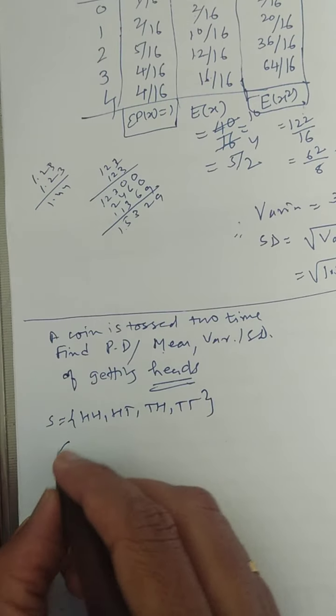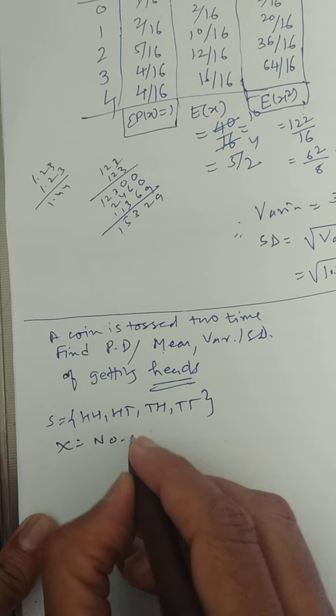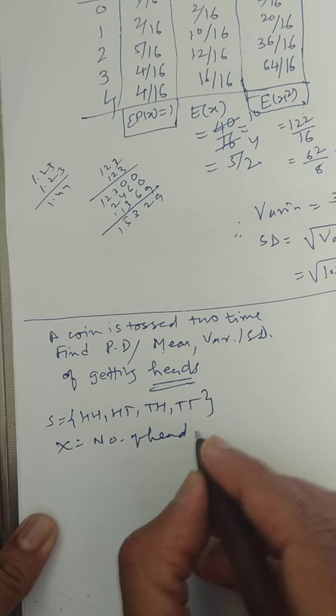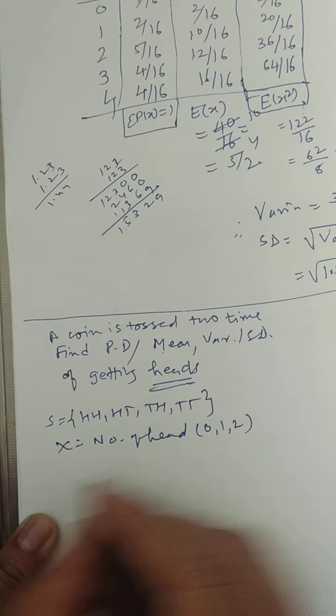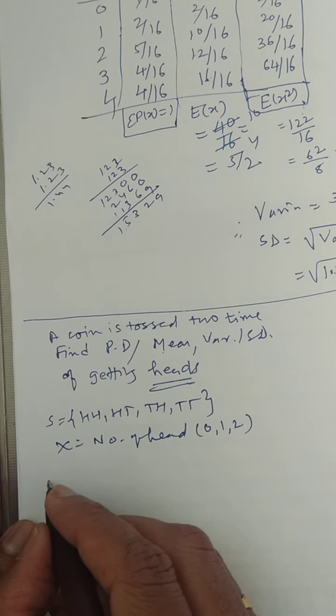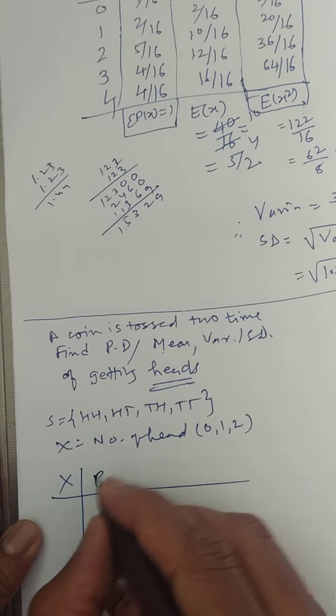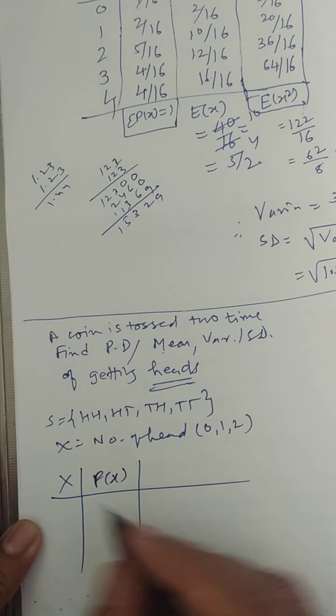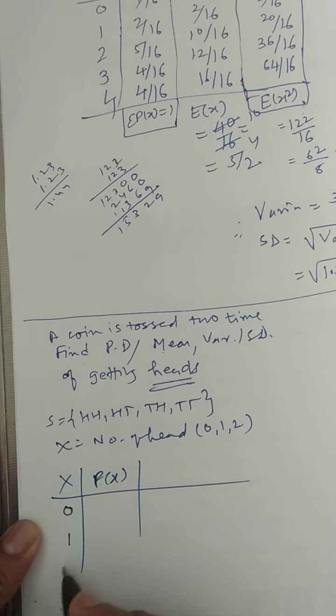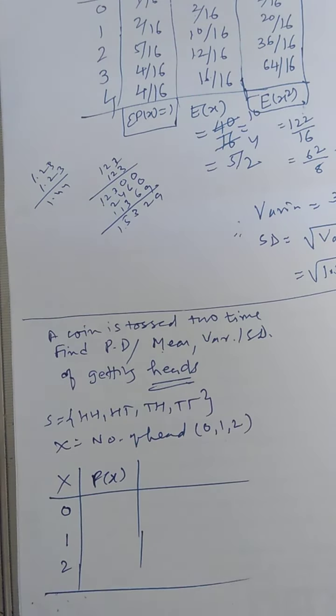The number of heads can be 0, can be 1, can be 2. So I am writing x, and in the next column I am writing the probability of x. X can be 0, 1, or 2. Whenever 2 coins are tossed, there is no possibility of getting 3 heads.